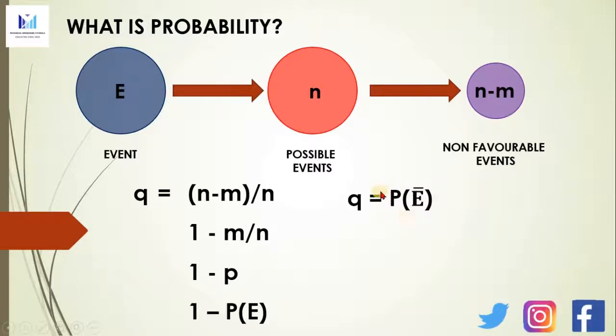This is the probability of happening of non-favorable events of the exhaustive event E. Now when I add this p and q, I will get 1. So we can say that the probability can at most be equal to 1, because the number of favorable cases and the number of possible cases can at most coincide with each other. So this is about probability.